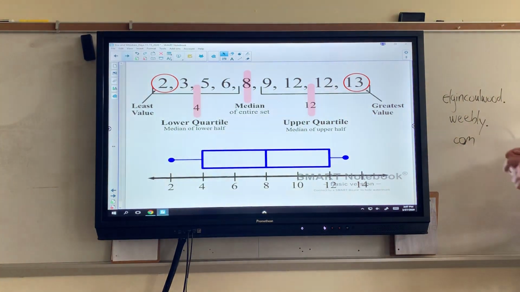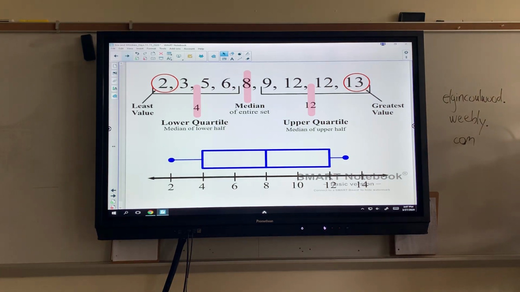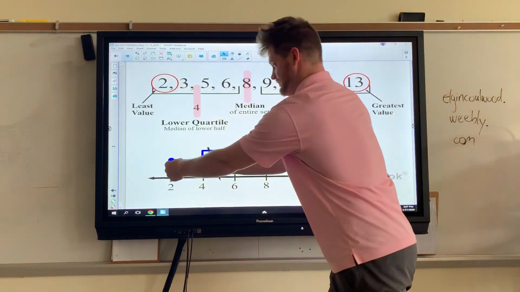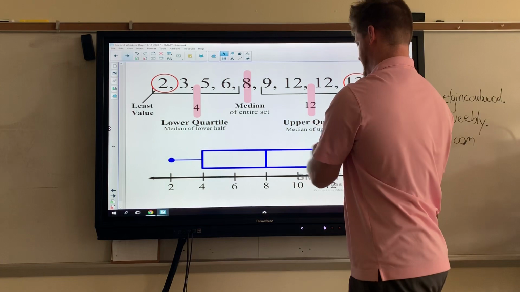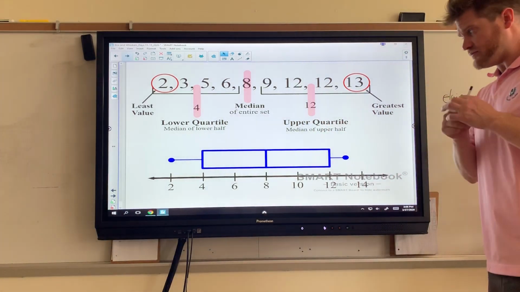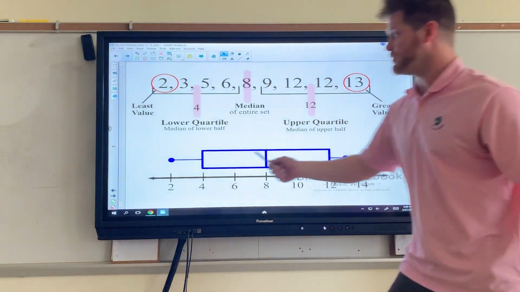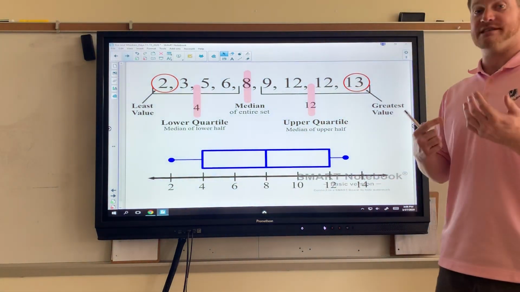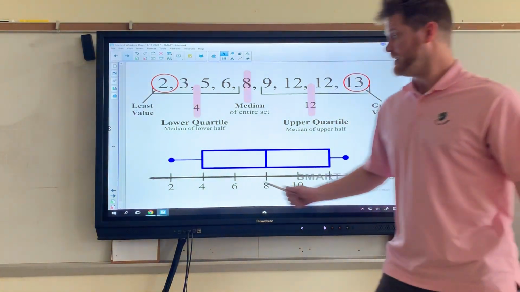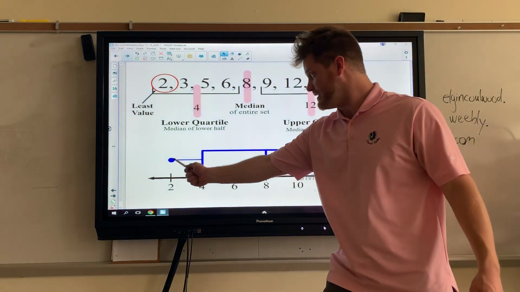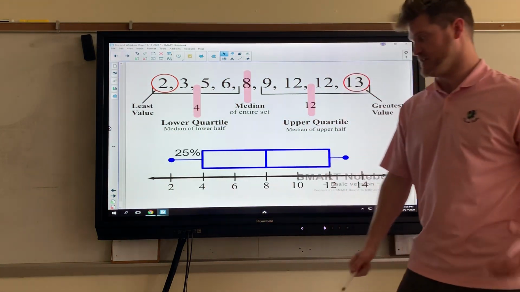It's that easy. Now, an important thing to remember is that each part of this is going to make up 100% of the data. Because it's split into 4 sections, each little section is going to be worth 25%. So from the minimum to the start of the box, it's 25%.